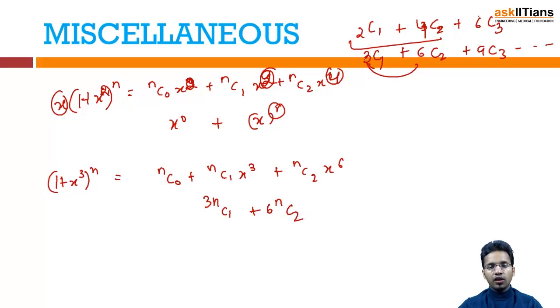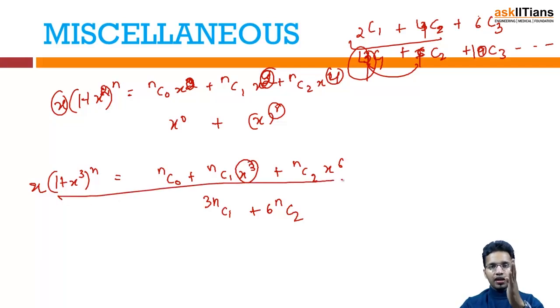Now suppose there would have been 4, 7, 10, then what would we have done? Instead of differentiating initially, the coefficient will be decided by the power of x with that coefficient in this expansion, and the gap will be decided by the power of x.